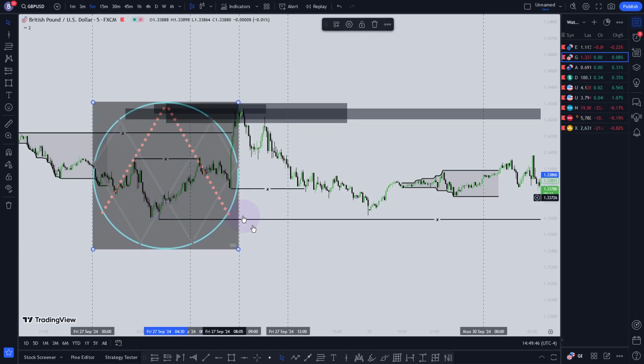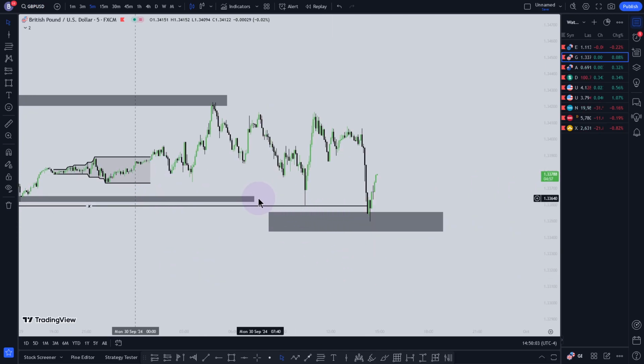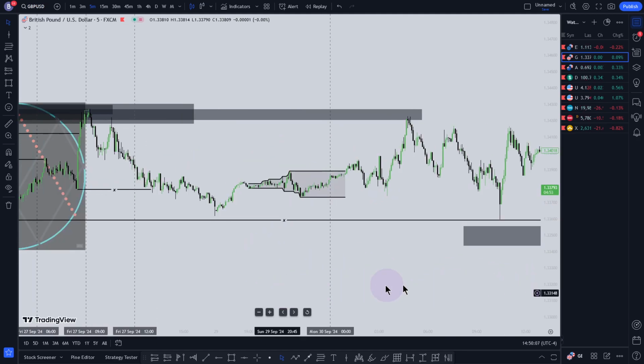We can see, boom. Okay, we have a nice confirmation. And if we take a look at this cross right here, what do we have? Bounce, bounce. What's that? Okay, more bounces, as you can see. So it's really interesting for sure.